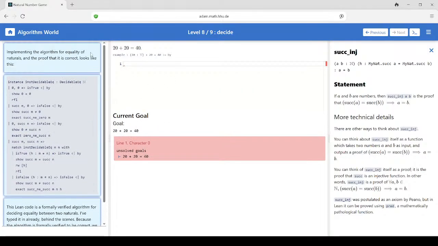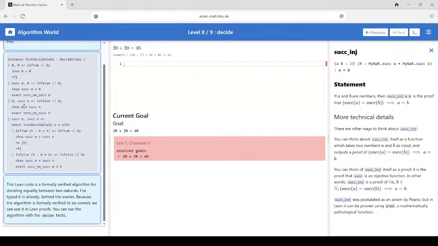Implementing the algorithm for equality of naturals, and the proof that it is correct, looks like this. Code, code, code. 0 and 0 is true by the proof that 0 equals 0, reflexivity.